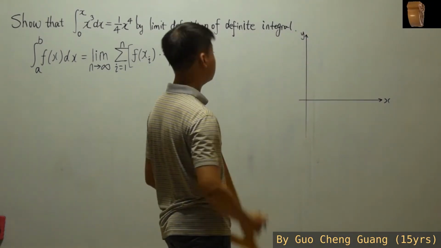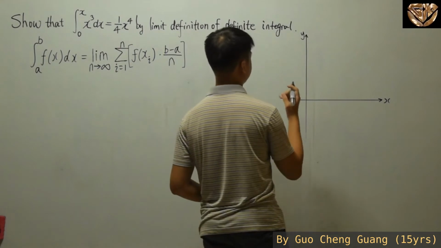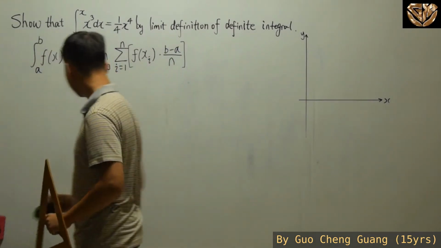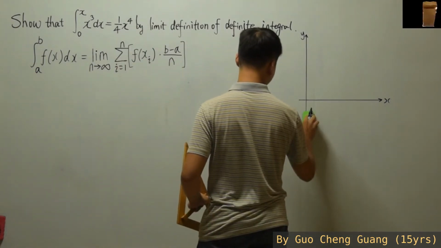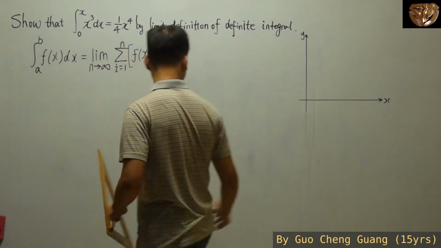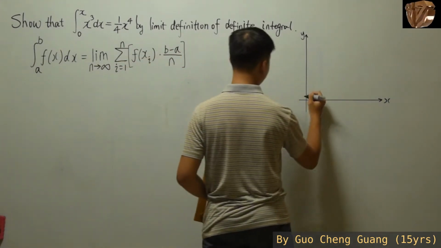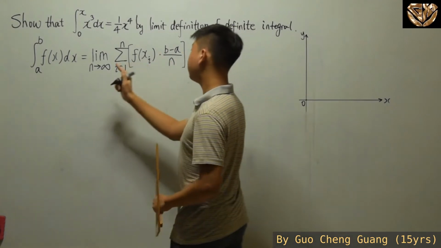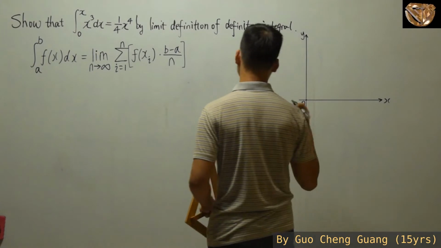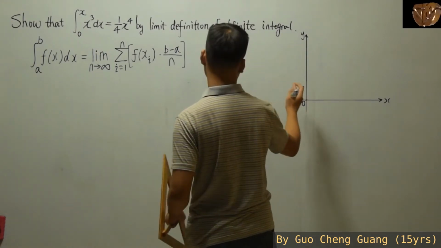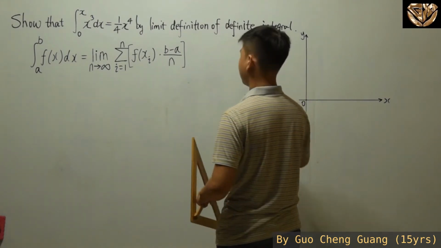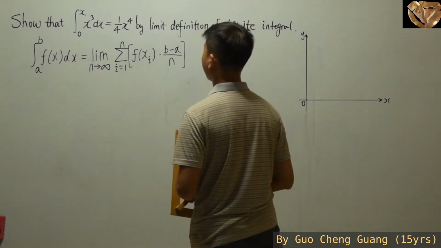Now you might be wondering a little bit, why are we just using the first quadrant, not even using the second, third, or fourth? So if you know the graph of y is equal to x cubed, it spans the first and third quadrants. However, if you look at the question carefully, you're given 0 to x. Now of course this is assuming that x is positive. If x is negative, then of course that'll be the other way around. But you just have to give it a negative sign to flip it back.